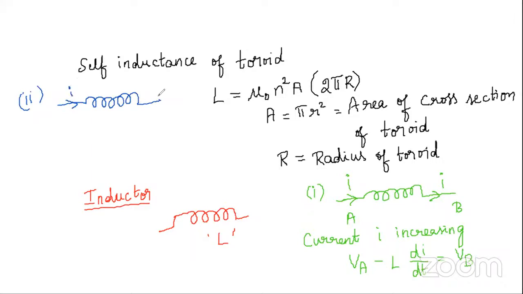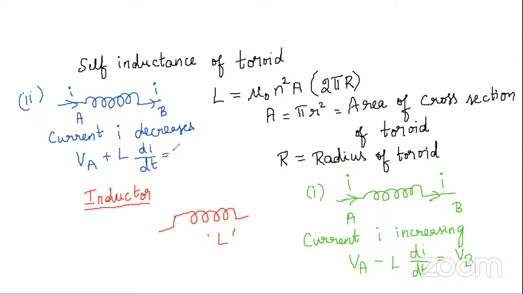Here you are having point A and point B. If the current I decreases, then what happens is VA plus L into di by dt equal to VB. So these are the scenarios for an inductor.